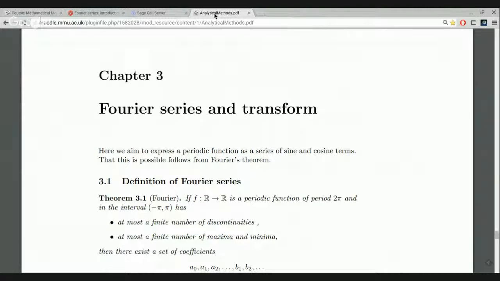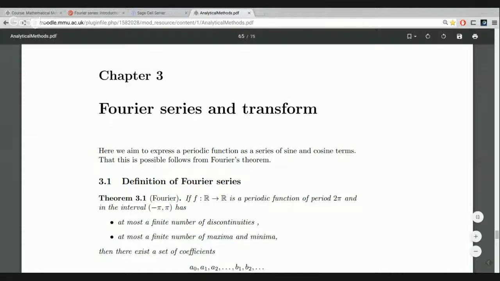I'm going to switch to the overhead now, because before we consider the formal definition in the notes, I just want to make some introductory, motivational remarks that will connect this idea of a Fourier series to things you already know about.